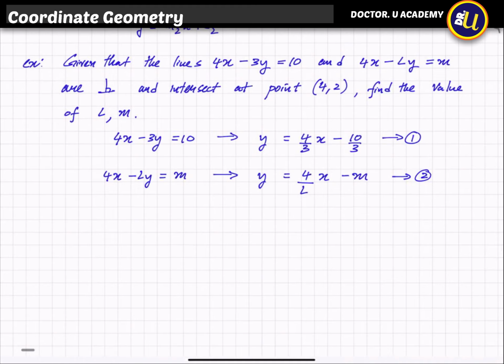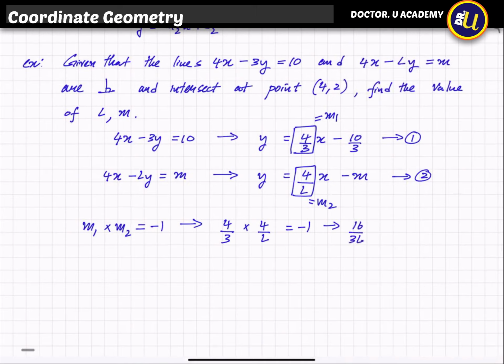So suppose the gradients are m1 and m2. You can use the formula we have derived, which is -1. So 4 divided by 3 times 4 divided by l is equal to -1. Simplifying, 16 divided by 3l is -1. From here you get l is equal to -16 divided by 3.